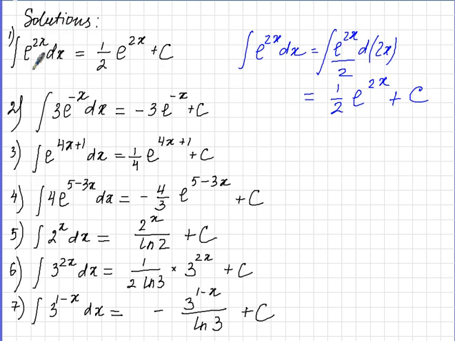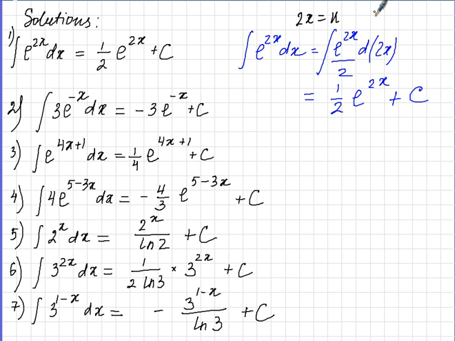Here are the solutions. If I need to integrate e to the power of 2x dx, I understand that, alright, we have a constant here in the index form. So therefore, my answer is going to be e to the power of 2x, but I have to divide by 2 to compensate for that 2 that will come out after differentiating e to the power of 2x, plus a constant c. We always could use actually the substitution method. Look, I can replace my 2x with a new variable u.